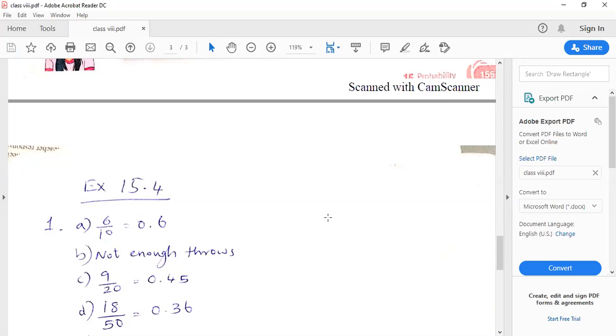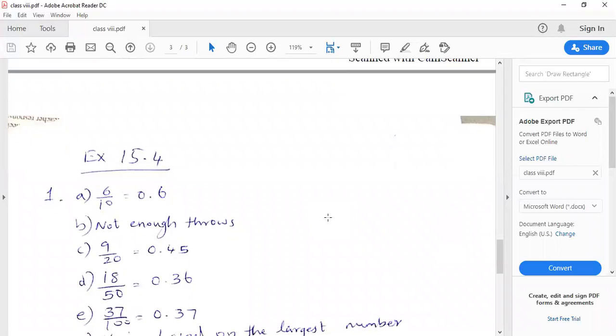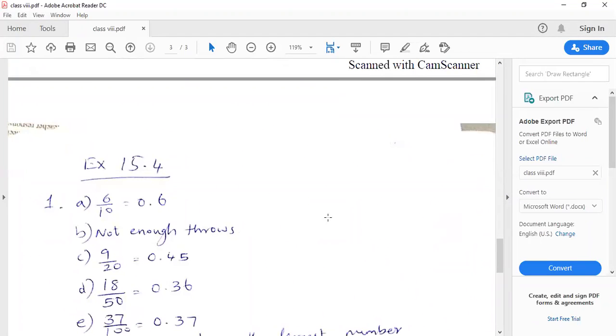That is for question number E. So now you have to do 18 plus 19 for question number E. 18 plus 19 equals 37, and total throws now 100. So 37 out of 100.